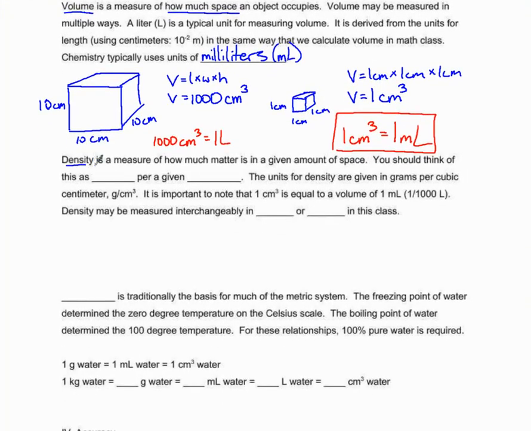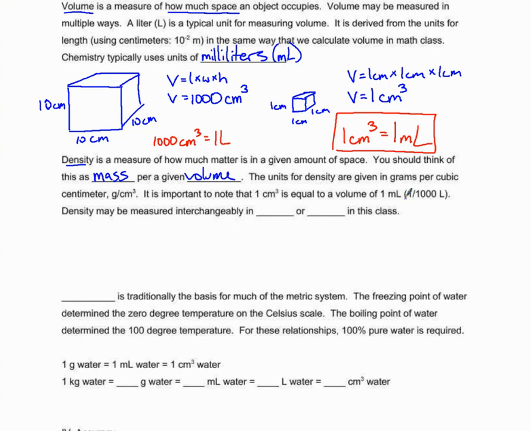The next one is density, and it's a measure of how much matter is in a given amount of space. Remember from Unit 1, this is mass per given volume. The units for density are given in grams per cubic centimeter, at least a lot of times in textbooks. And remember, a cubic centimeter is equal to 1 milliliter.